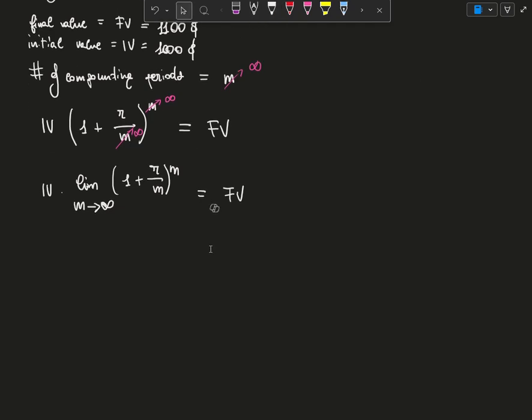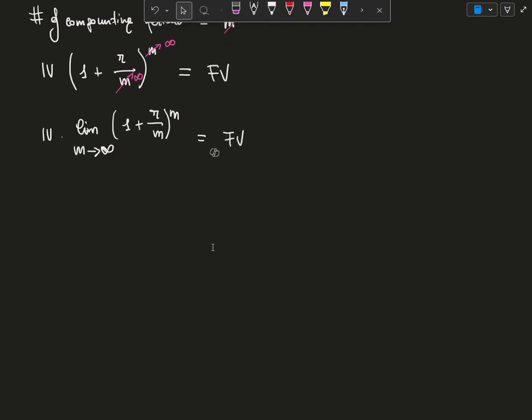And without proving it here, we know that there's an identity such that this can be rewritten as e to the power of r.